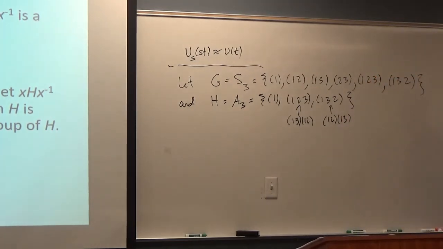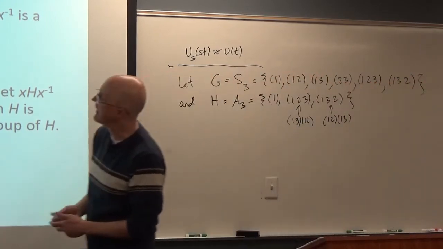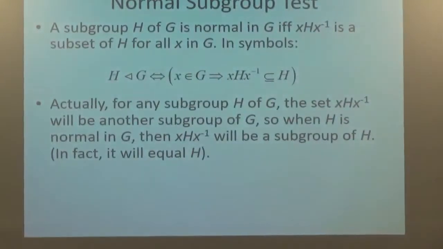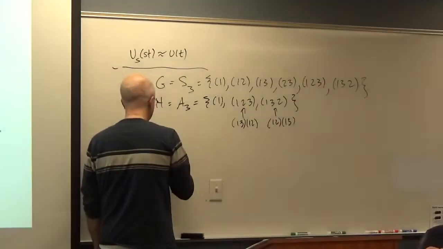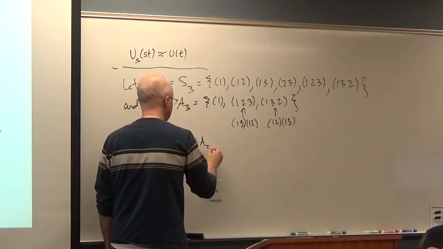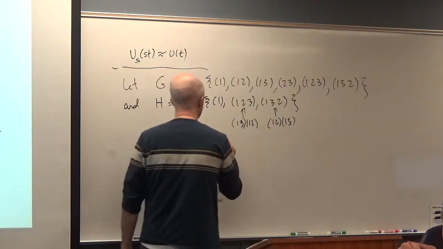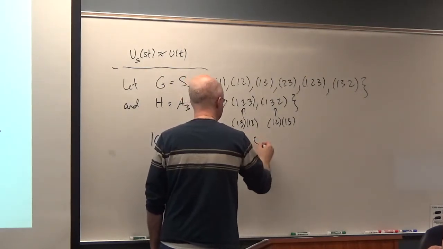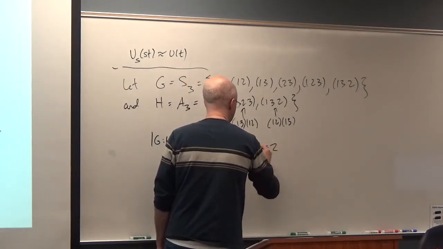those are even permutations. By the fact that I wrote over there that I erased about the index of H in G, the index of A3 in S3 is 2. 6 divided by 3 is 2.